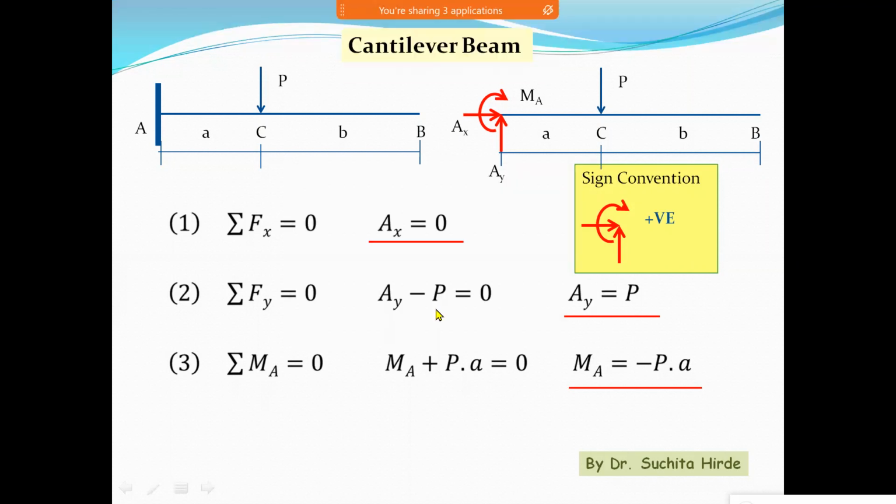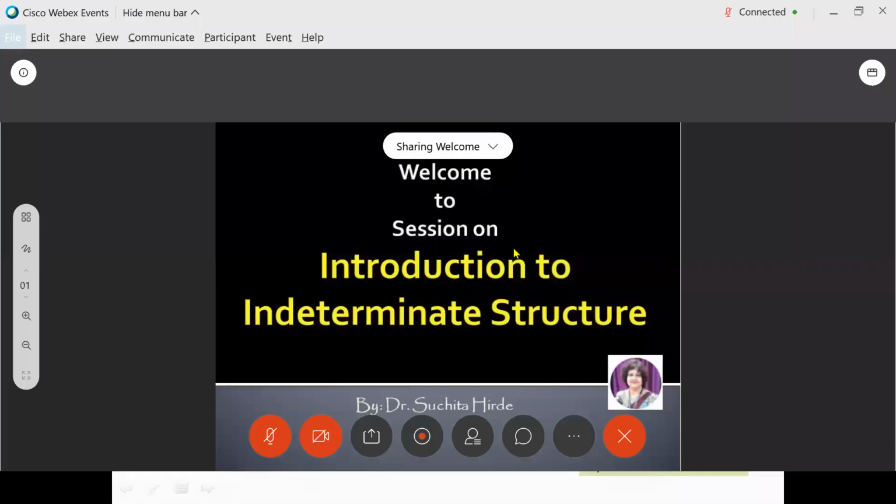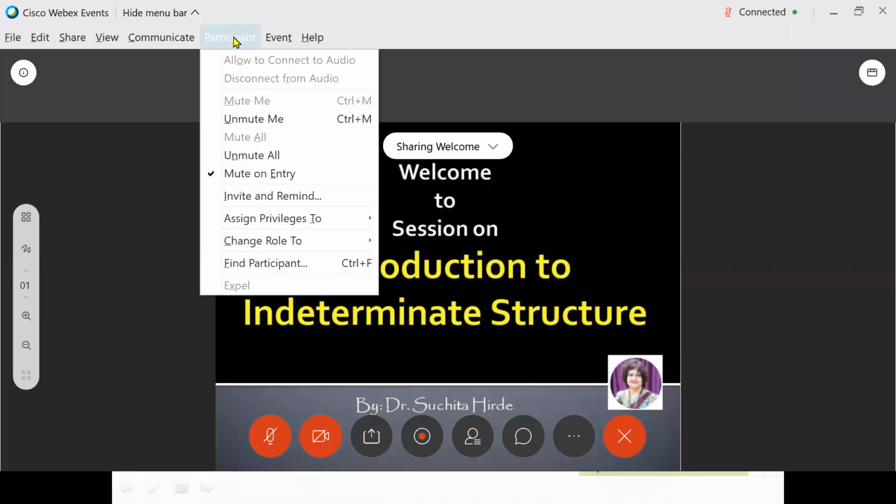Stop sharing. You will get this screen. Then click on the participant menu here. From here you can unmute all the students. Here there are options to mute and unmute all the students. So you can unmute all the students and you can have the discussion with the students.